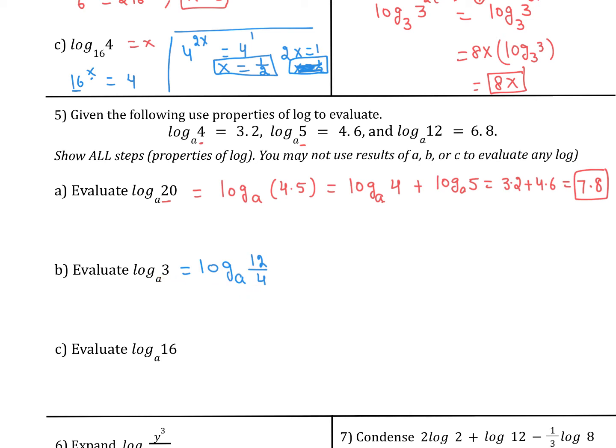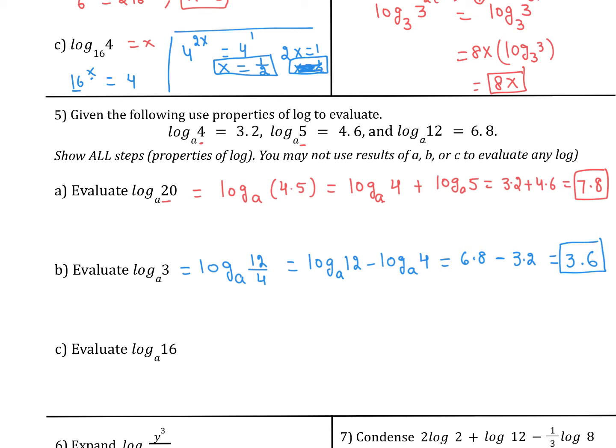And now we are going to apply the quotient property, which is going to be log of 12 minus log of 4. And that's 6.8 minus 3.2. So that is 3.6.